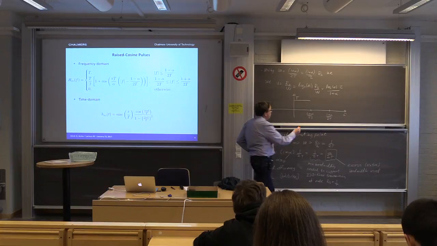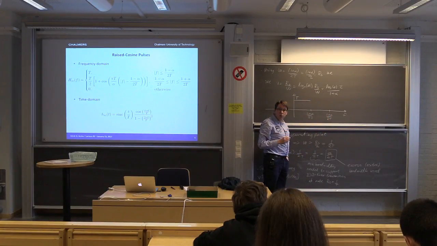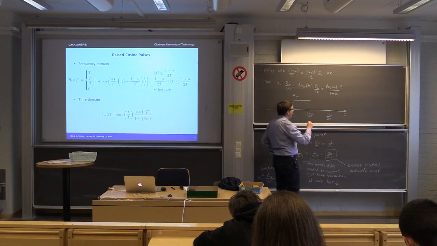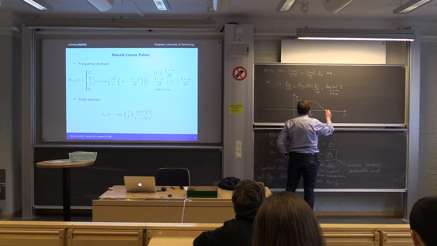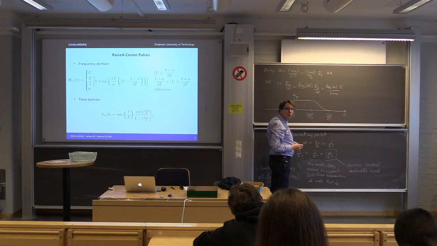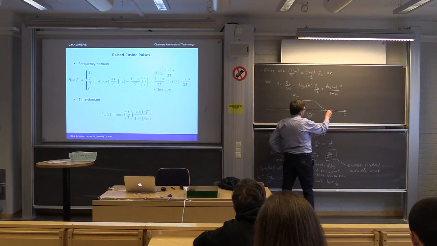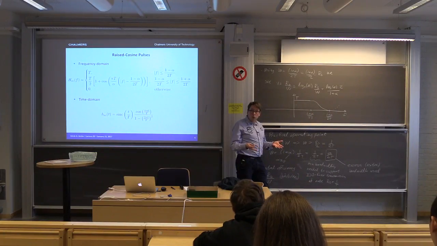And in between these 2 points, here and here, it's a cosine shape. A cosine, you remember how a cosine looks, of course. It's something like this. It's a half period of a cosine here. So if it would continue, it would become a cosine like this. So that's why it's called the raised cosine.